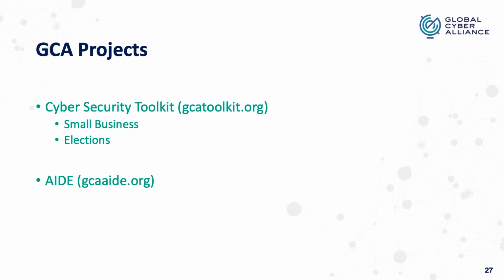In case you're interested in any other GCA projects, or you'd like to participate or give us feedback on some of these, we have our cybersecurity toolkit. We have the small businesses and elections toolkits. This week, I believe we're pushing out our journalist toolkit as well. Feel free to check those out at gcatoolkit.org. And we also have a project called AIDE, in which we're working on IoT systems.